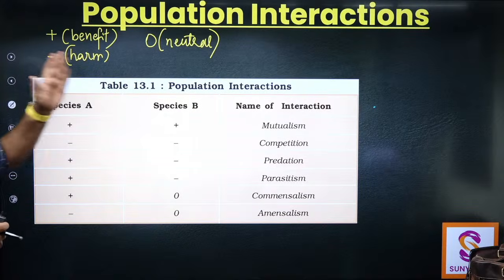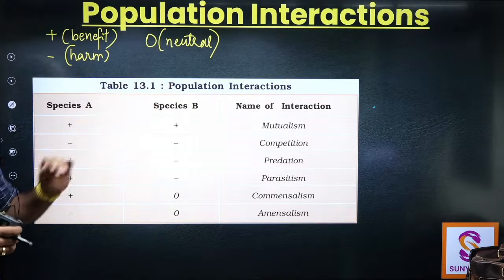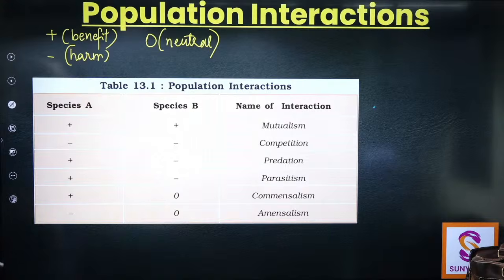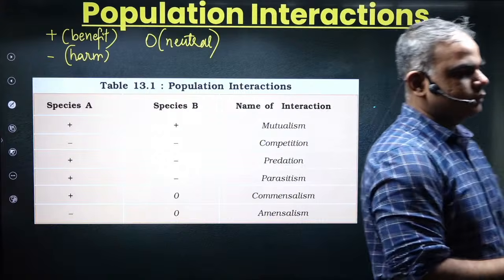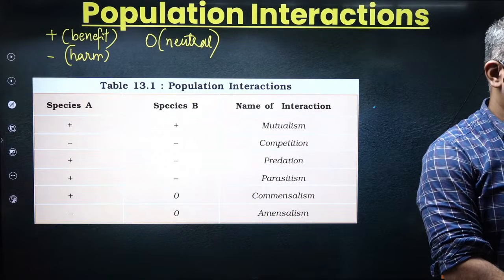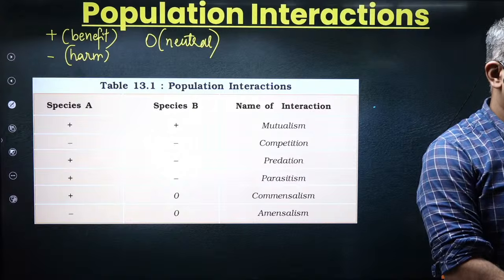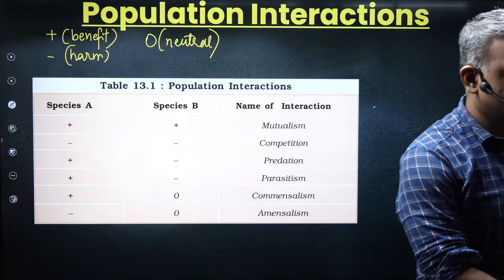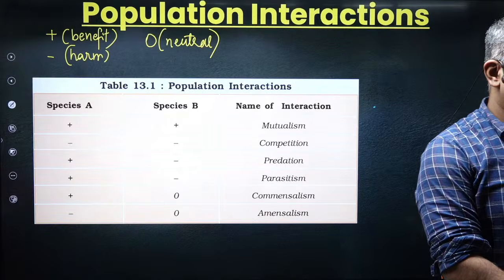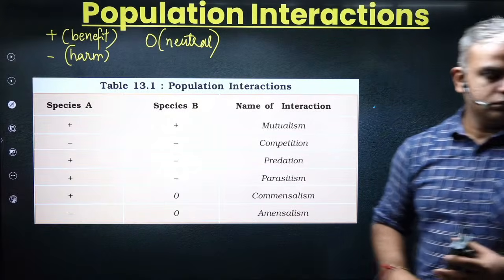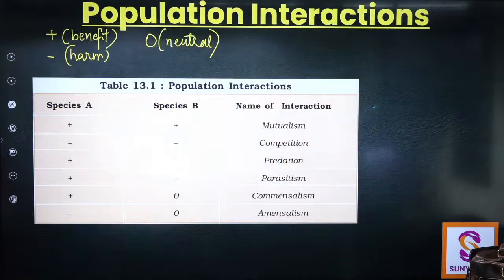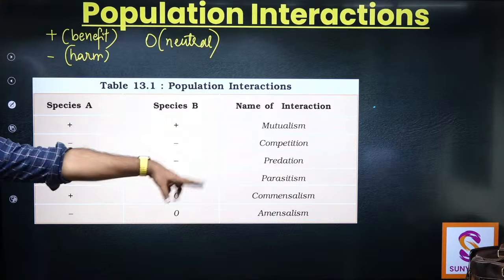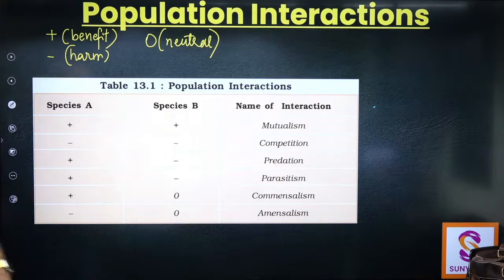So you have species A, you have species B. The name of interaction, one is mutualism, competition, predation, parasitism, commensalism, and amensalism. So people online, you can also draw this. After that, directly for each term, the respective examples, we'll see one by one.